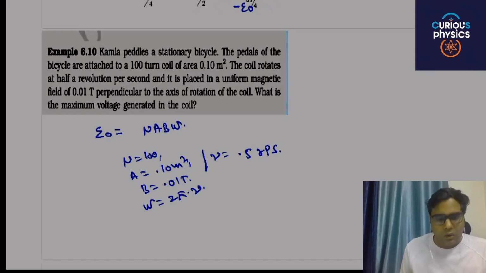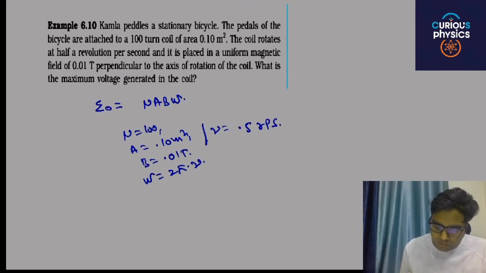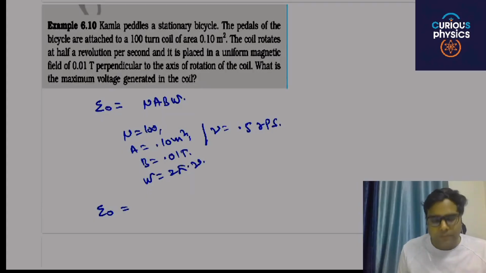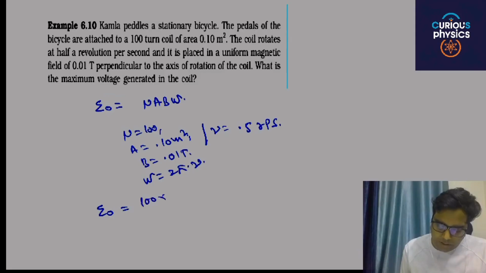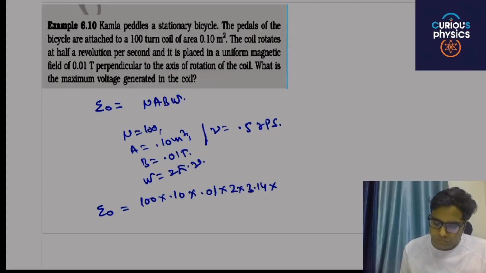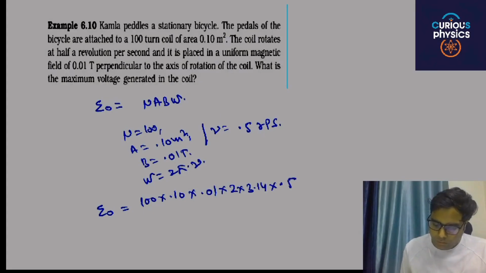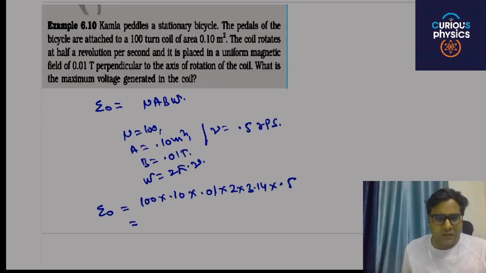So you will easily get the maximum value of induced EMF. The maximum value of induced EMF will be N 100, area 0.10, magnetic field 0.01, and omega 2 into 3.14 into 0.5. You will get approximately 0.314 volt.